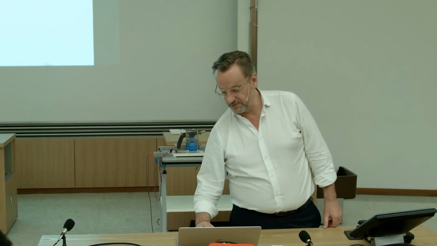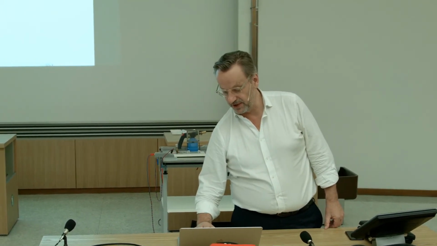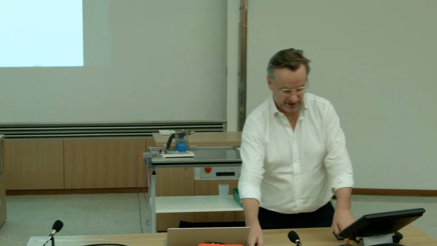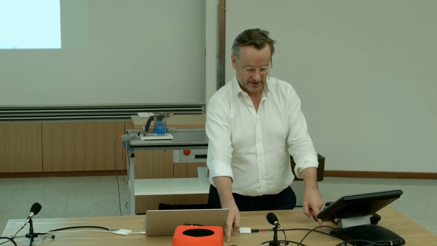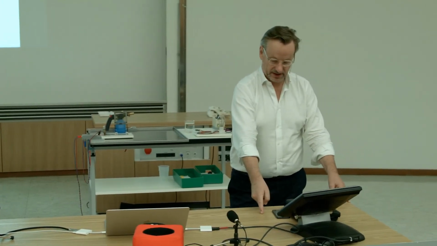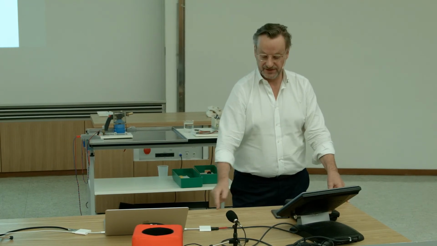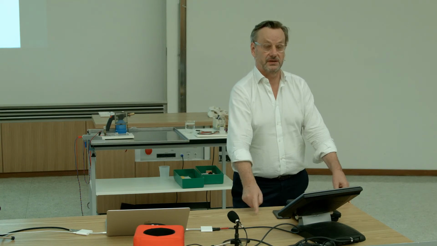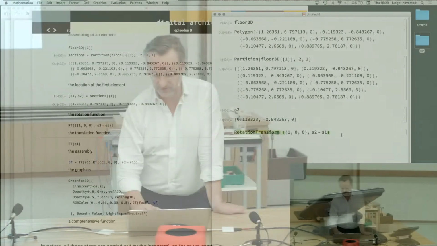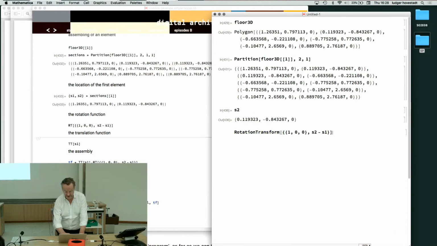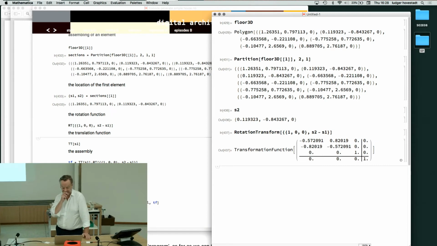And then we look, what is our segment? Second point minus the first point, somewhere here. We take this and move it here and have the second parameter. So we have the first and the second. And then we want to get the angle. That's our rotation. So this is straightforward and done with this function here, and we get a transformation matrix.